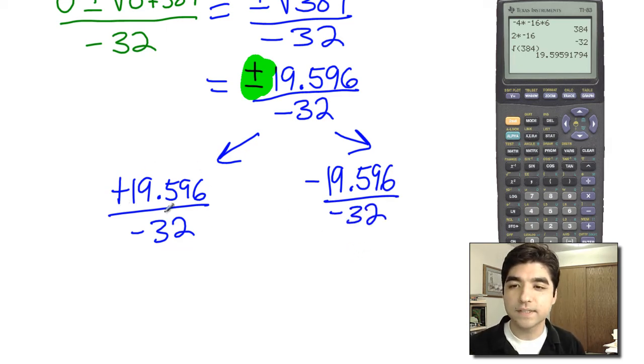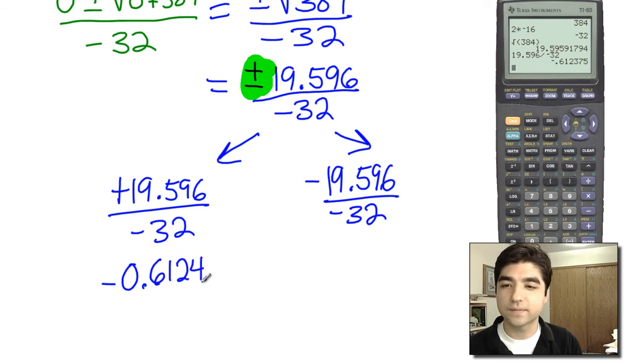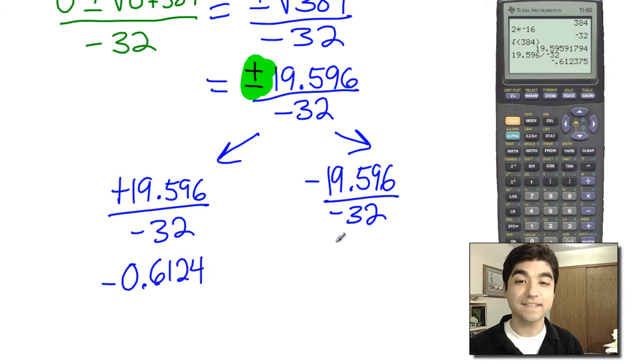Okay, so this one, if we calculate that, positive 19.596 divided by negative 32, that equals negative 0.6124. And on this side, if you calculate that, that'd be negative 19.596 divided by negative 32.